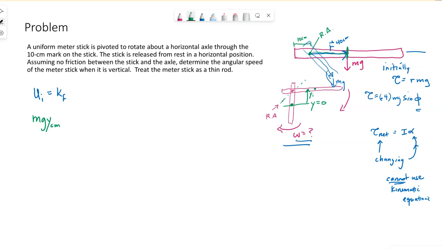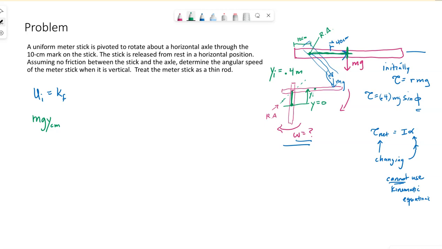Initially, the center of mass is in line with the rotation axis. Finally, the center of mass is directly below the rotation axis. So the initial y is the 40 centimeters or 0.4 meters, the distance from the center of mass to the rotation axis.